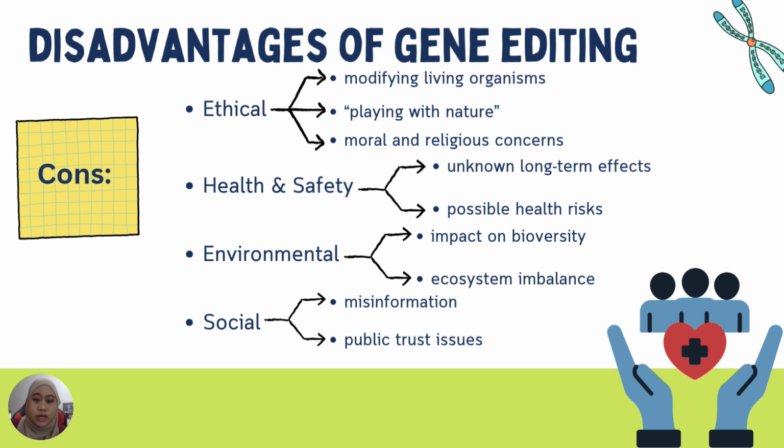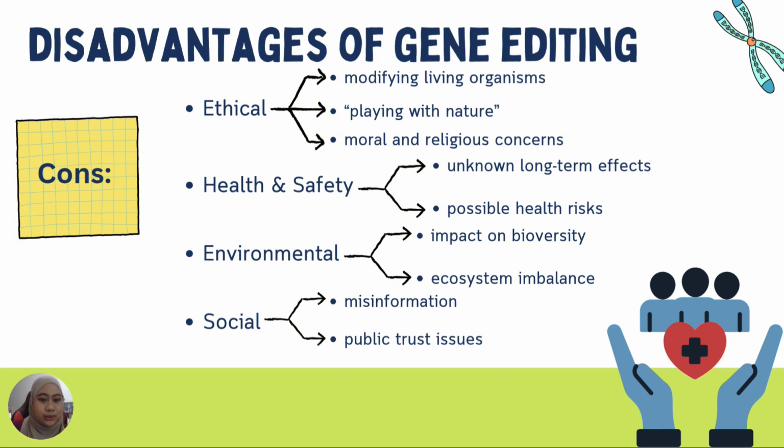This will impact biodiversity and cause ecosystem imbalance, where it produces some kind of waste. If it's an animal, we can say something can be wasted. We produce something and then it is not effective, and it's a question of whether it is useful or not, which is going to affect the ecosystem imbalance and the biodiversity itself.